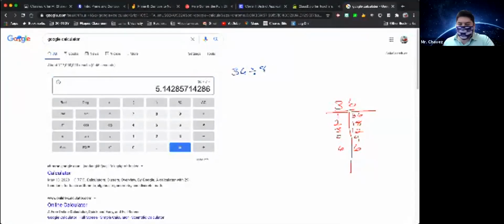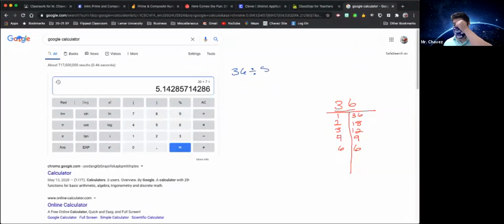If I get 36 divided by 8, 8 times 5 equals 40, and 7 times 5 equals 35. That's not going to work, right? So we get the idea of it, right?